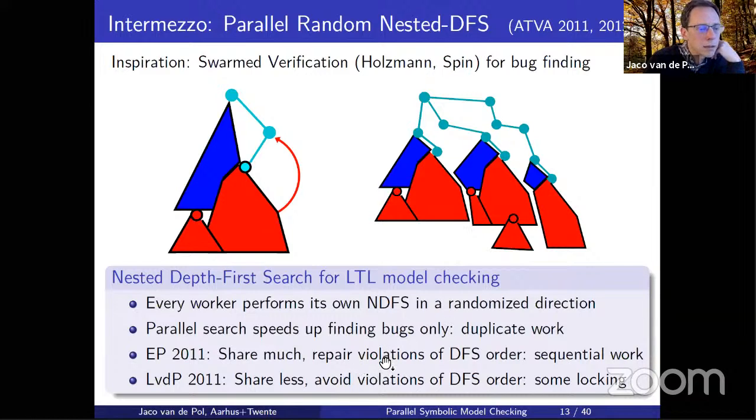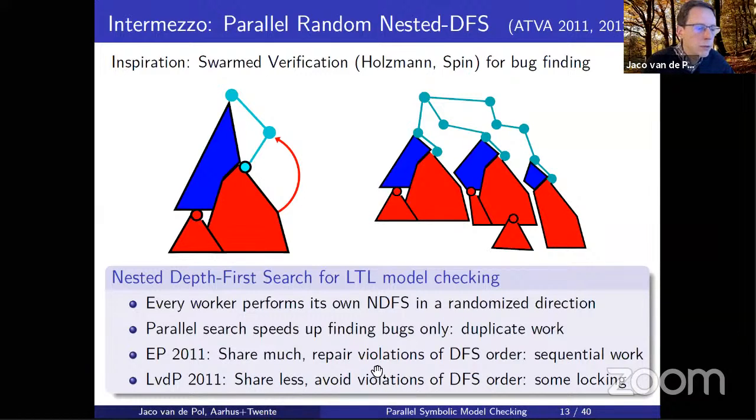So they would detect it, and then they would repair violations of the DFS work. And the repair procedure is sequential. So they share a lot of information, avoiding duplicate work, but the penalty is that they have a sequential repair procedure. What we did is we share less information. We actually only share the red states and not the blue states. So we share less, which means that we have a little more duplicate work.